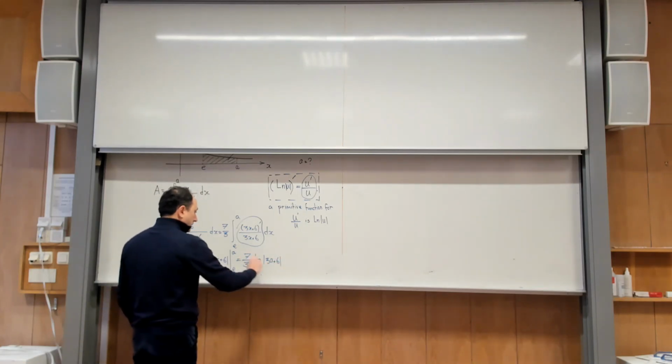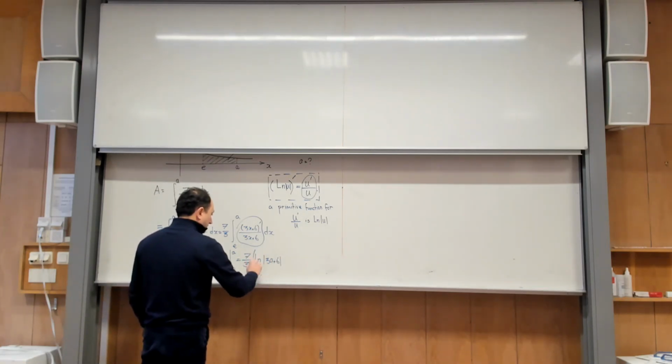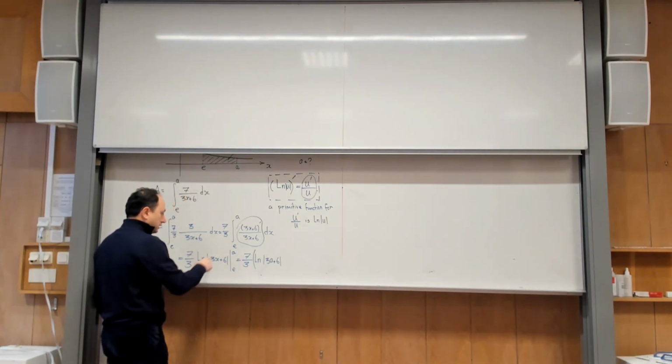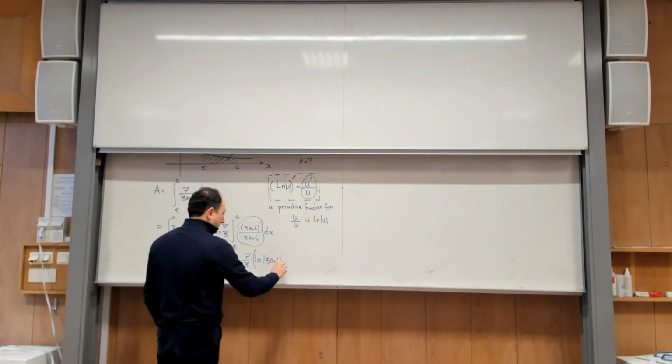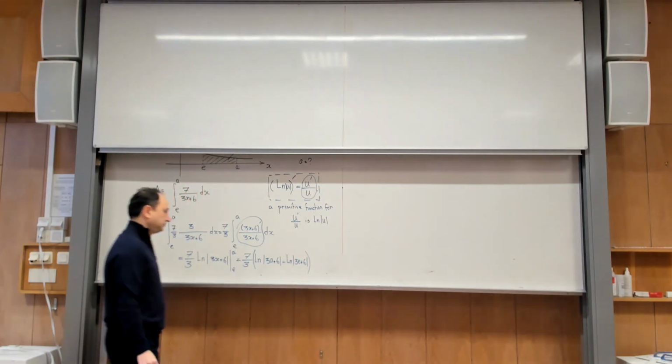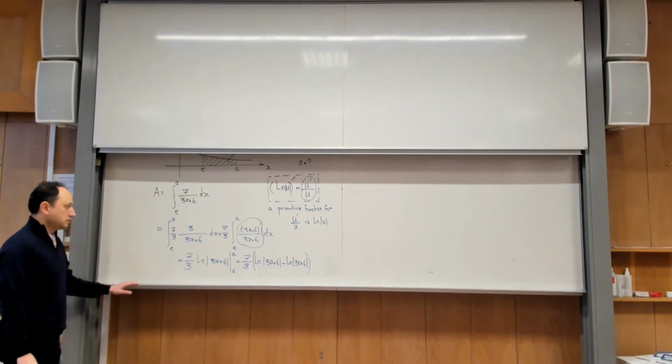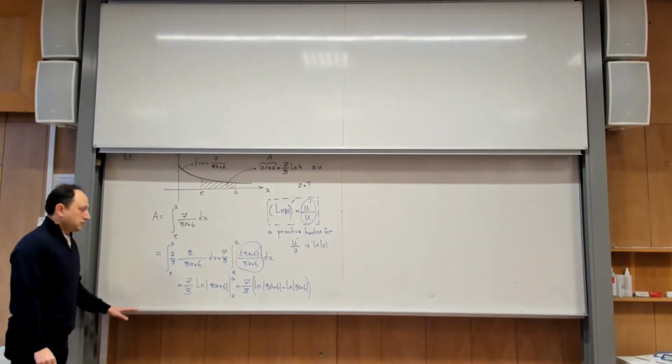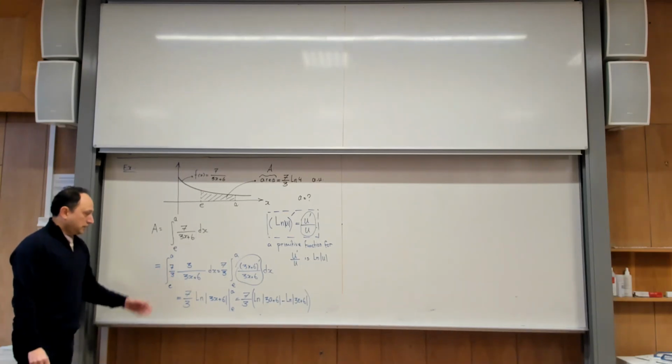And then minus, if you don't mind, I can factor 7 over 3 out. And I put e instead. Yes? This is the answer to my integral.